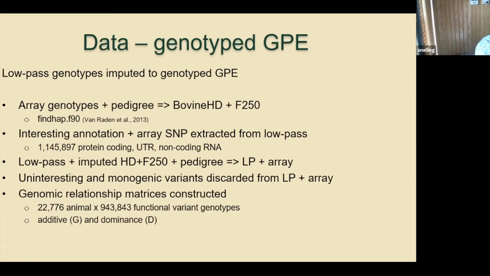So we wound up with almost 1 million functional variant genotypes that we used for these analyses, and built both additive and dominance genomic relationship matrices from that set of genotypes.